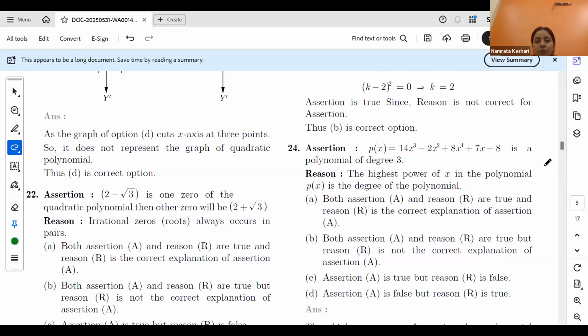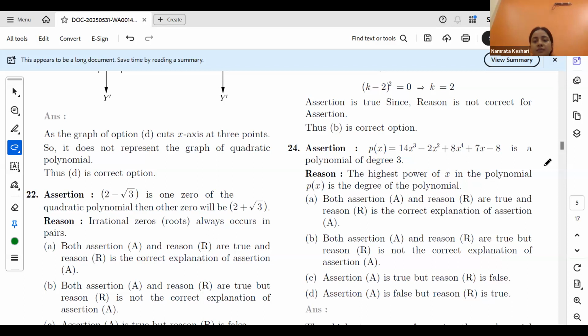Assertion is false and reason is true. P(x) is equal to 14x cube minus 2x square plus 8x to the power 4 plus 7x minus 8. Here the degree of this polynomial is 4. Getting it, Sarah?